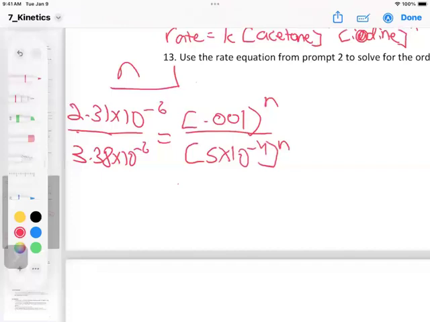So then we'll divide out again. 2.31 times 10 to the negative 6 divided by 3.38 times 10 to the negative 6 is 0.683.